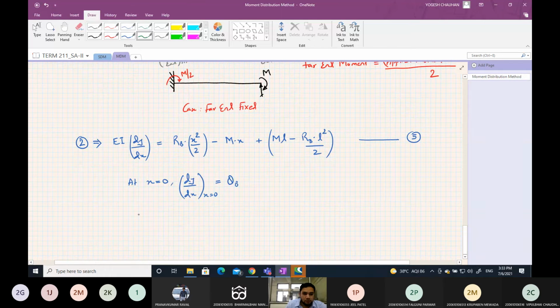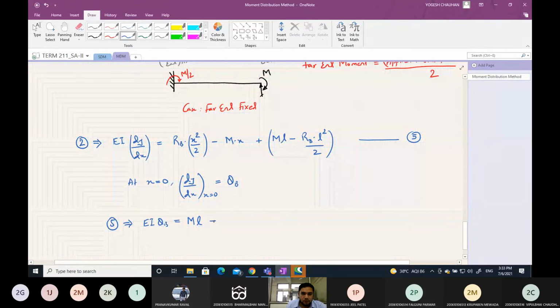So from equation number 5 we can write EI theta b is equal to ml minus RB times L square by 2.